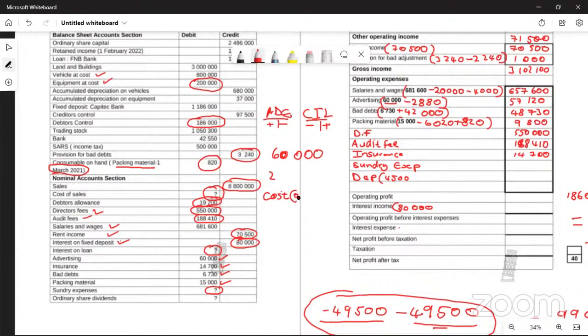So it was 200,000 and subtract 60,000 before we do anything, which will give us 140,000.